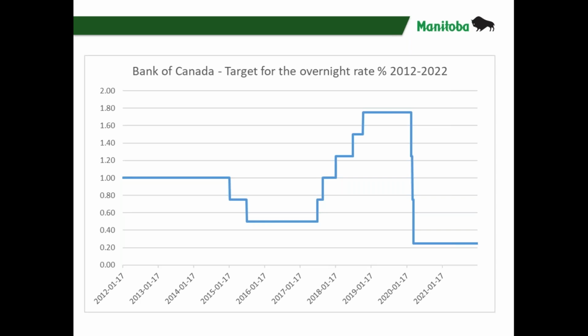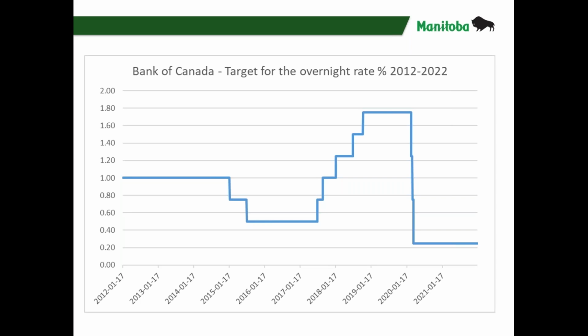Chatter is from anywhere from 4 to 6 quarter-point increases. If we see that, that'd push us back up to around that 1.5%, 1.75%. That's not a real big deal when we're looking at fertilizer increases and pesticide increases and the cost of fuel and the cost of all these things.